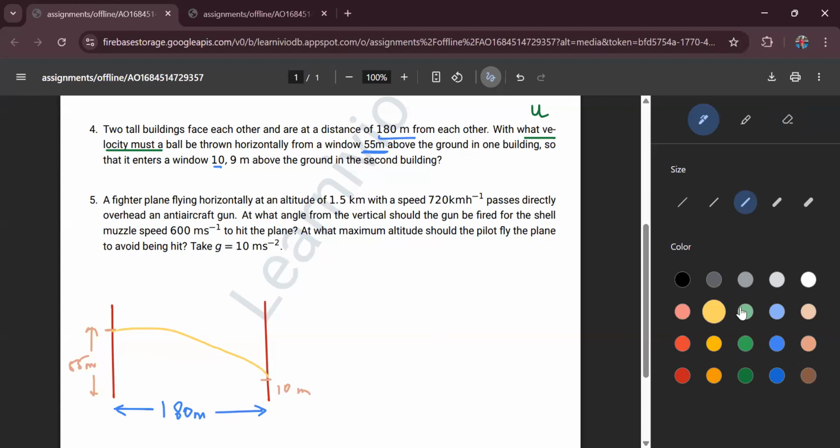If I take a line parallel to the ground, this will still be 180 meter, whereas what will be this height now? 55 minus 10, yes, so this becomes 45. This is 45 meter.